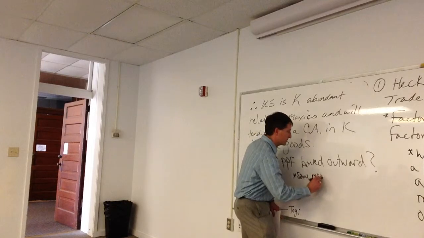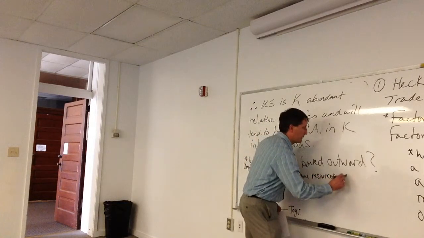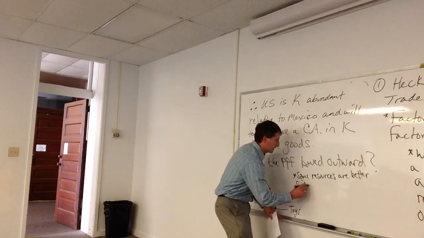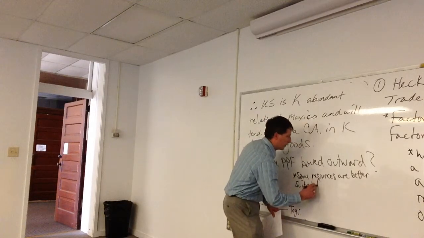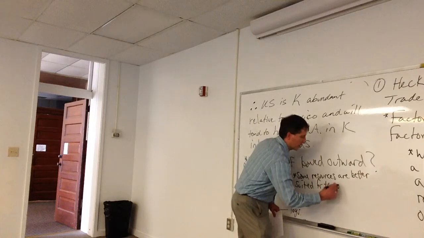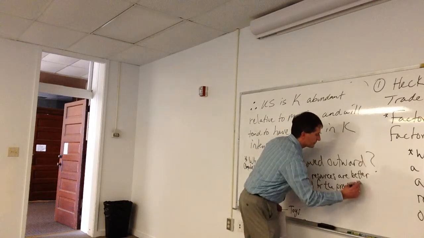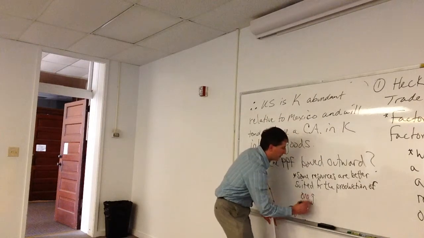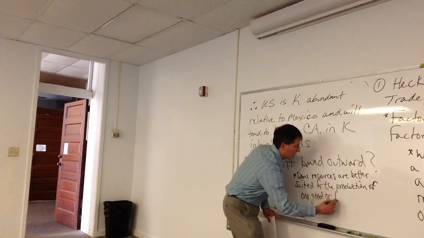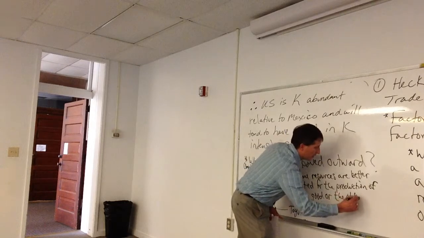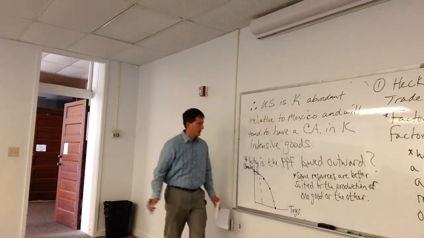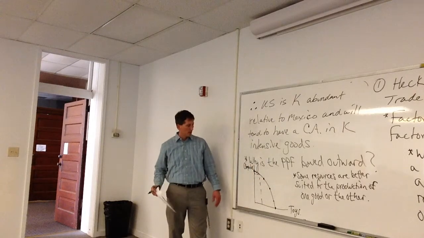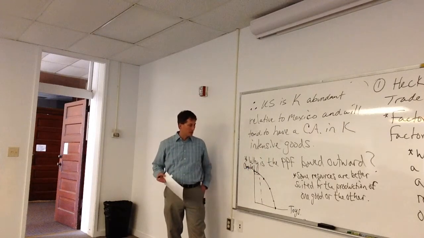Some resources are more productive, better suited for the production of one good or the other. So we don't have that equal productivity thing that we did before, and we get a bowed out production possibilities.